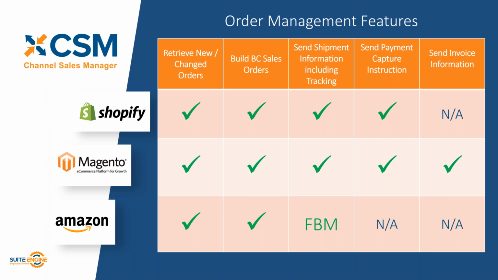You can set up Shopify to do manual capture, meaning that when the order is placed, it will only be authorized and not settled. But CSM will be able to notify Shopify that this amount of the invoice can now be captured of the authorization, and it can handle partial invoices as well.